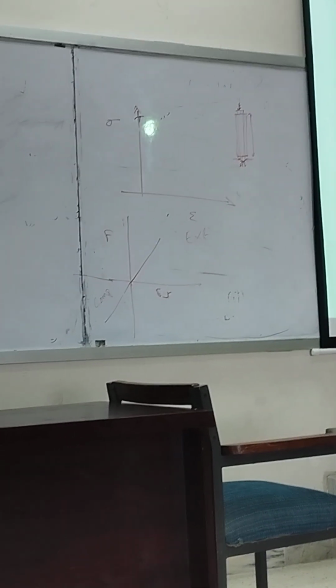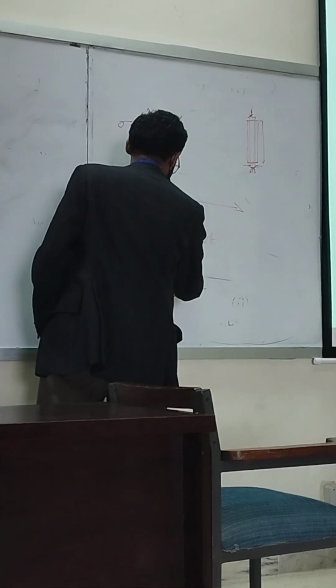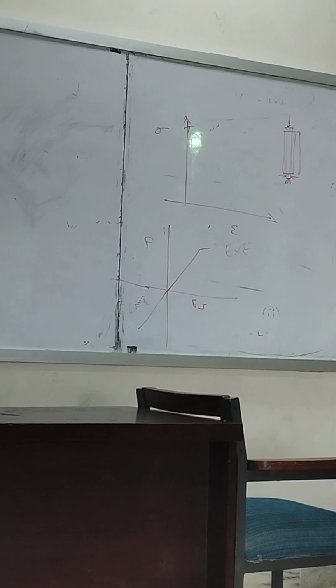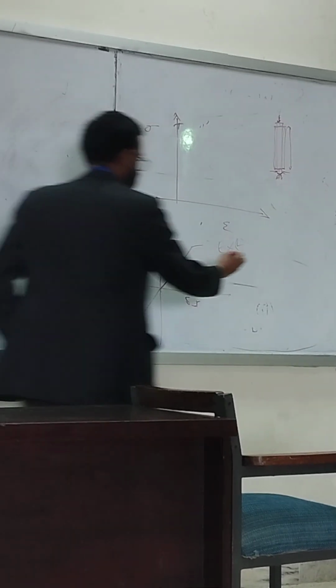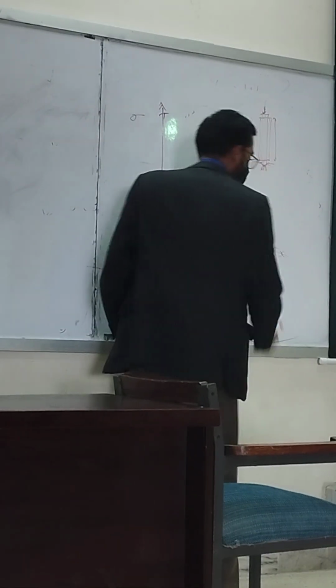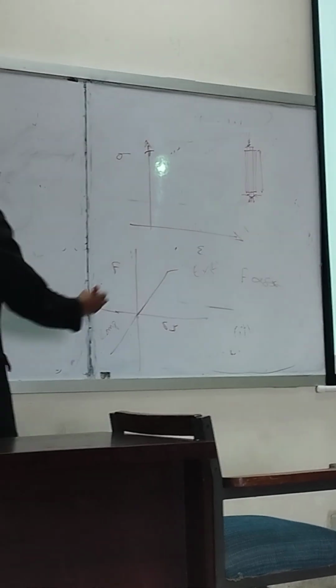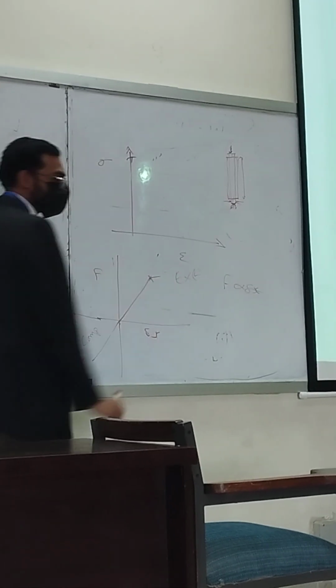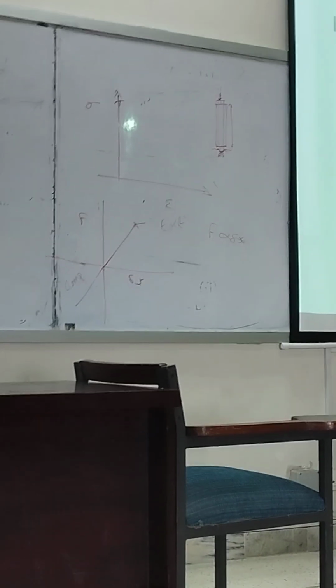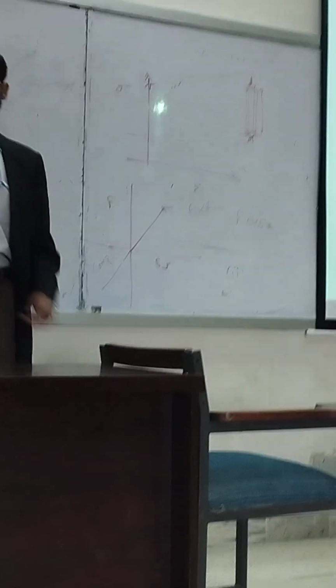A point is going to come where we see that there is a deviation from the straight line. It is no longer going to remain proportional. Less force, more extension is produced. Initially force was proportional to displacement. But once we cross a certain threshold, it is no longer going to behave linearly. We are not going to observe a straight line when plotting F against displacement.